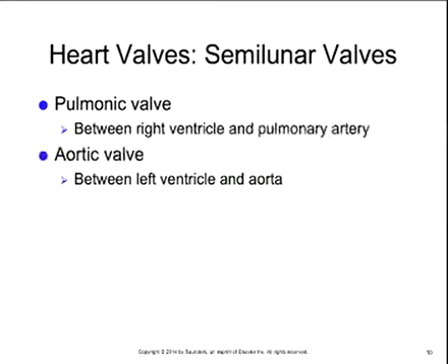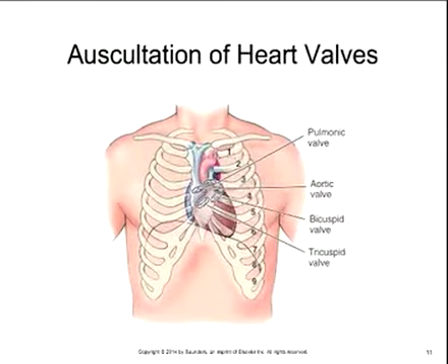You can listen to the heart valves by utilizing a stethoscope, and you can see here that depending on where you put the bell of the stethoscope, you'll pick up different valves.